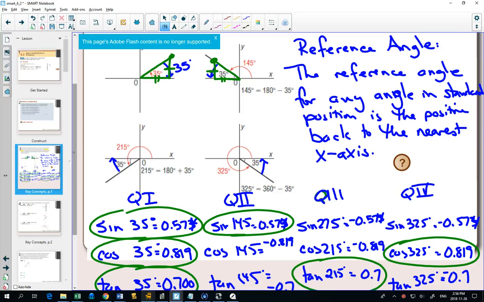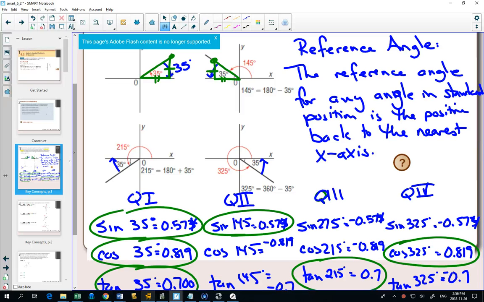Sine stays positive in quadrant 2. However, cos, because it's adjacent side and that adjacent side is to the left and is negative, now my cos value is negative. And tan, which is opposite over adjacent, since the opposite is positive and the adjacent is negative, tan is negative. So one of the things you have to know in grade 11 is when trig ratios are positive and when they're negative.